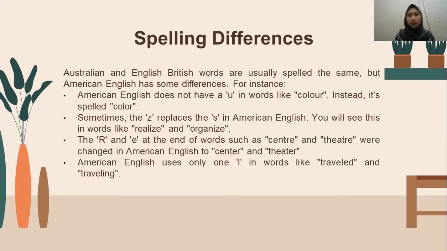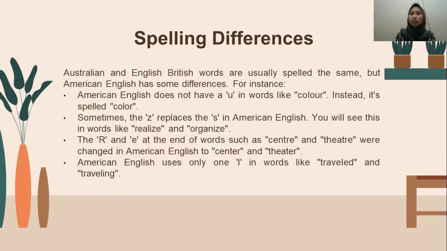For instance, American English doesn't have a U in words like colour, C-O-L-O-U-R. Instead, it's spelled color, C-O-L-O-R. Sometimes the Z replaces the S in American English. You will see this in words like realize and organize.